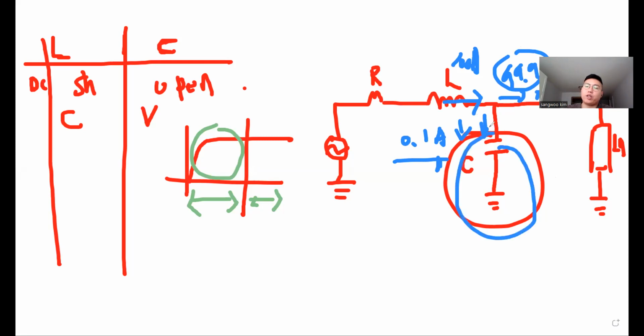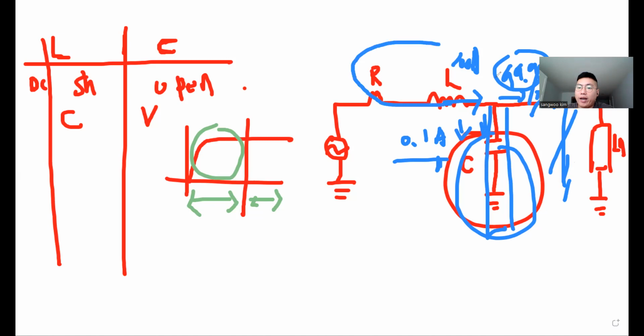So we could ignore this circuit in a system with a load. But if we have no load, or a short happened here, like an open circuit, then the RLC circuit is working. Otherwise, close to the load, where no short has happened, the current flowing through the capacitance is very small, so we could ignore it.